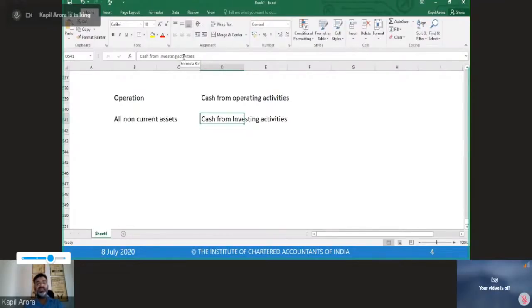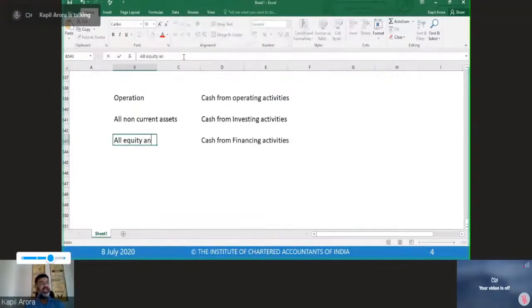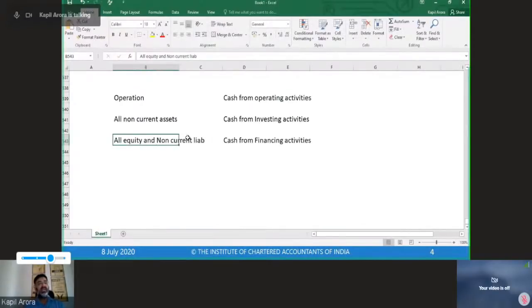And the third one is cash from financing activities. This is related to all equity and non-current liability related items, right?